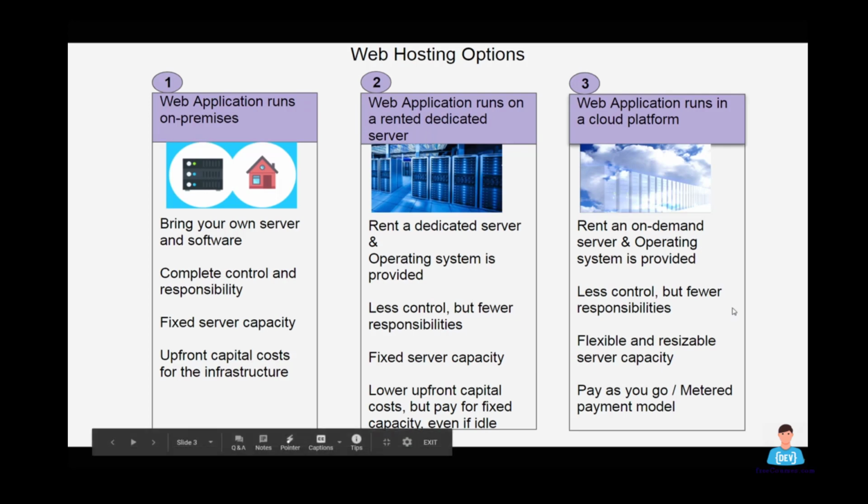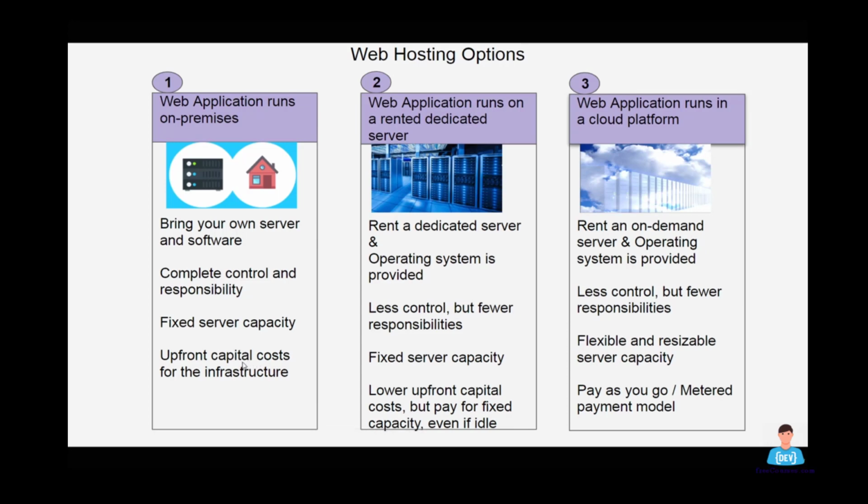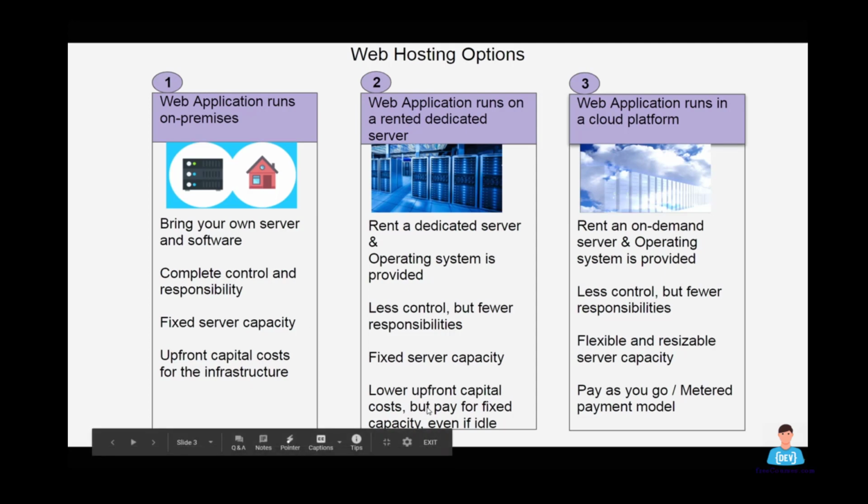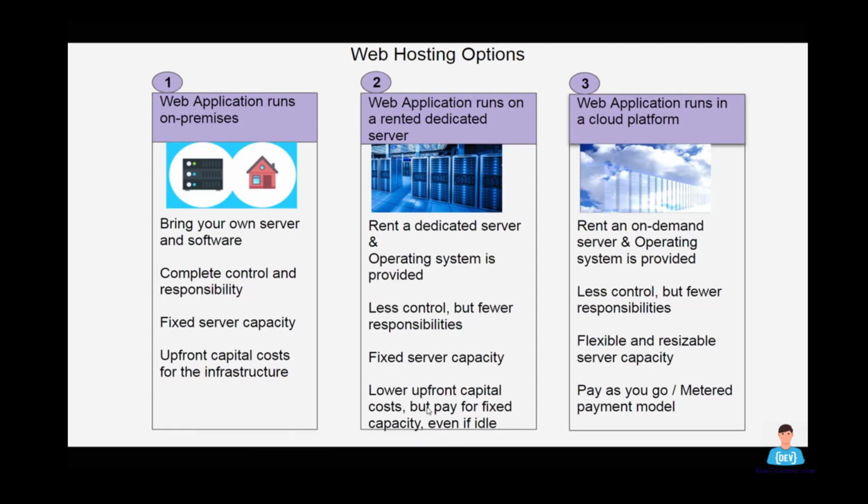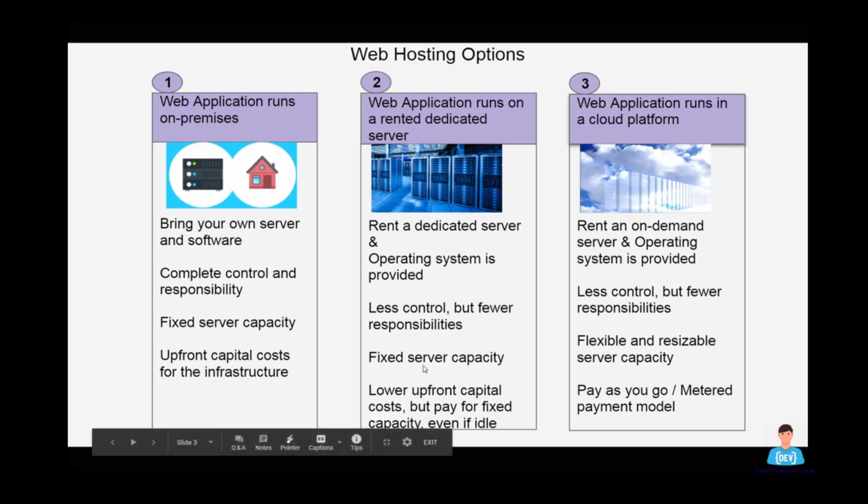So to sum up, in the first option, you have lots of upfront capital costs because you have to buy a server, and here you get fixed server capacity. And in the second option, you have lower upfront costs, but still you need to rent a dedicated server, and you don't know whether that provided server capacity is enough in your case or not, because it gives you fixed server capacity.